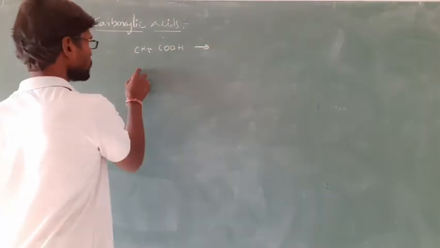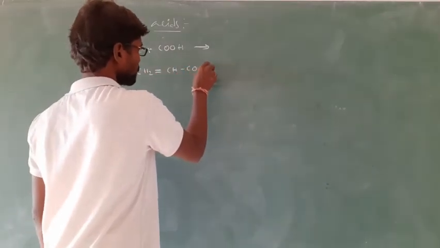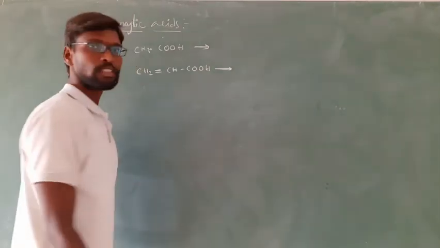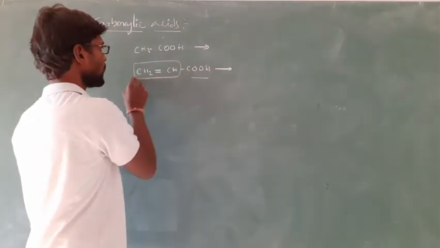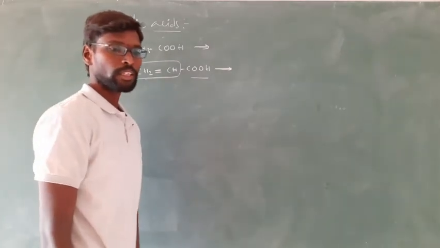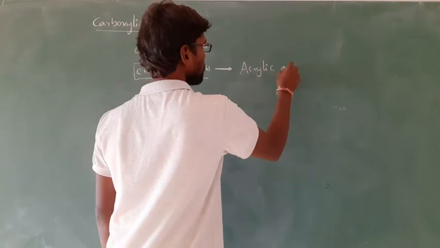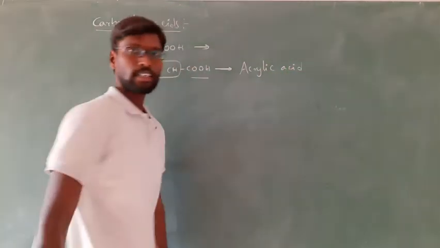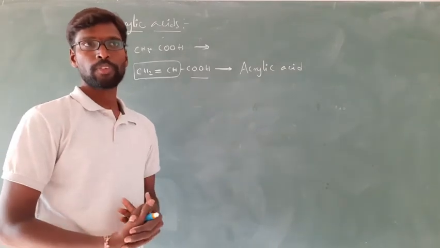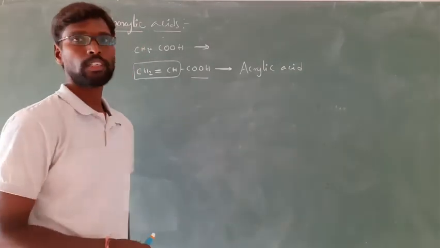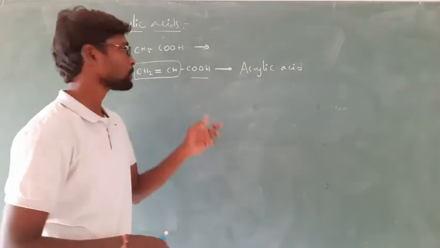Now the second thing is CH2=CH, so this is actually called vinyl carboxylic acid. This group is called the vinyl group, but here it is called acrylic acid, which is used for making paints. When you hear acrylic paints, that means acrylic acid is present in that.